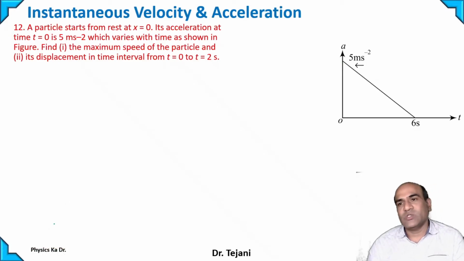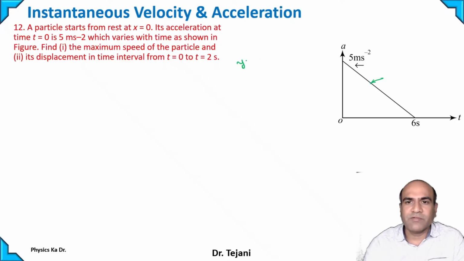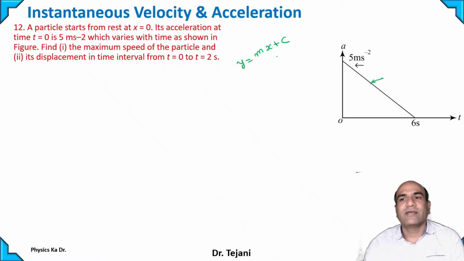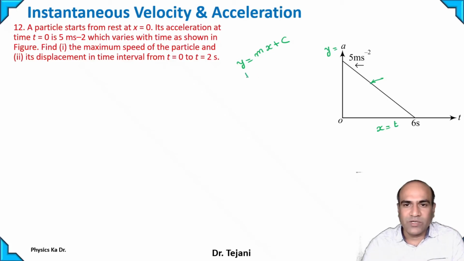See here, the equation is not given. That's a sad problem. But we know that there is a straight line, and for that we know the equation y is equal to mx plus c. What is the y-axis? The y-axis is this one, so y is equal to a. What is the x-axis? This one, so x is equal to t. That means we can write a is equal to m times t plus c, right?